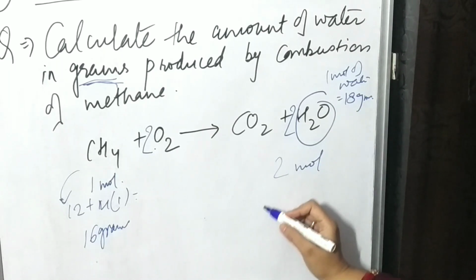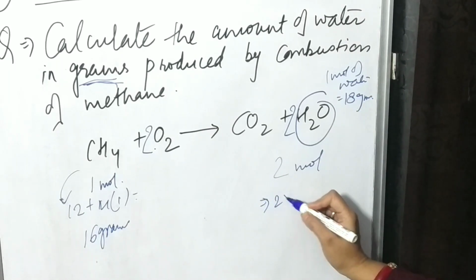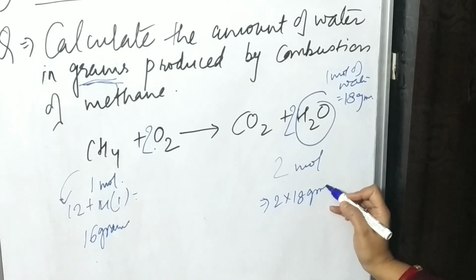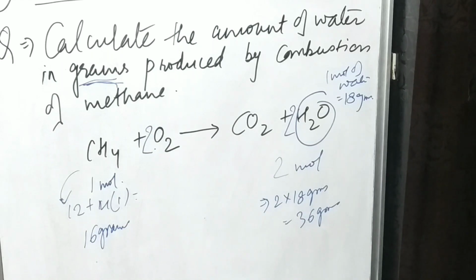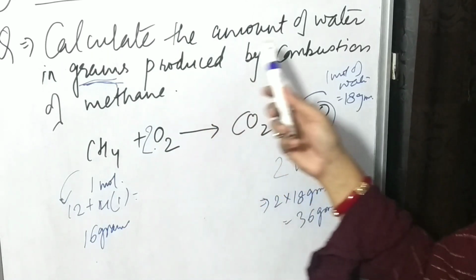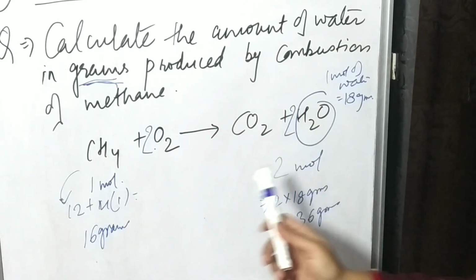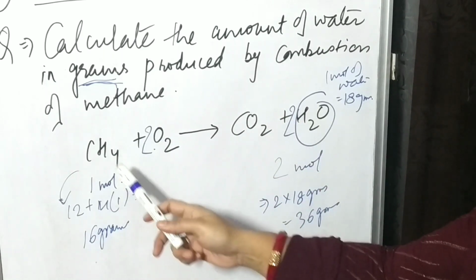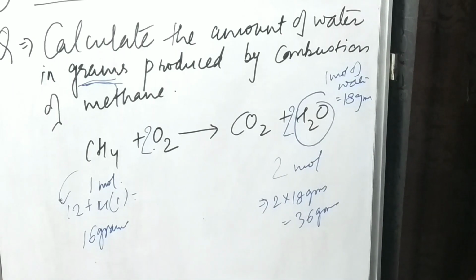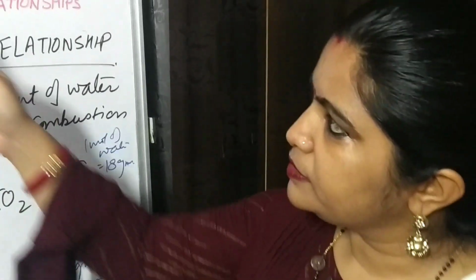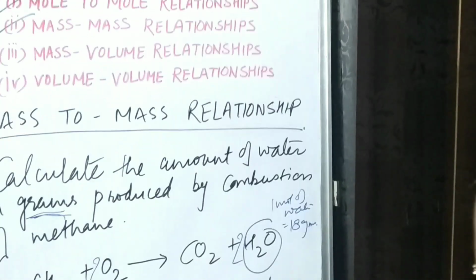So here 2 moles will contain 2 into 18 grams, it will be 36 grams. So your answer will be that 36 grams of water is produced by combustion of methane. Okay, so this is how you can calculate mass to mass relationship.